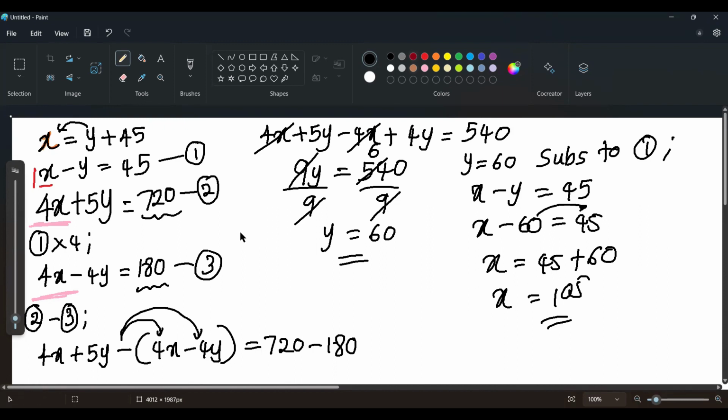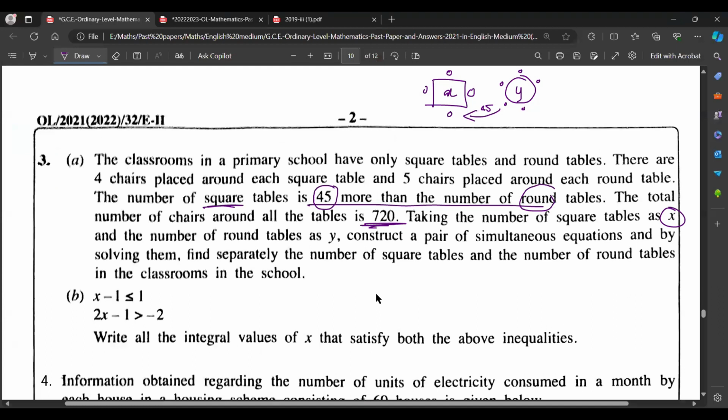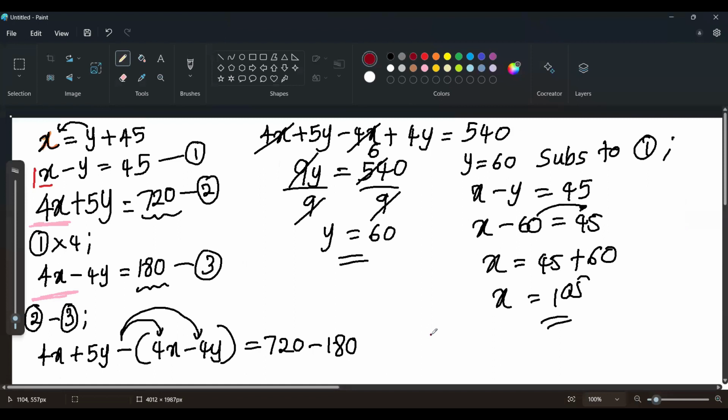Now, I take x as square tables and y as round tables. So you have to show the answer: square tables, 105. Round tables, it should be 60.